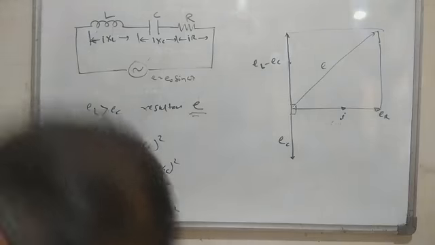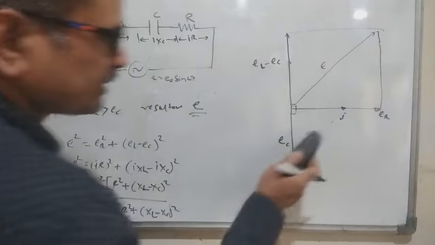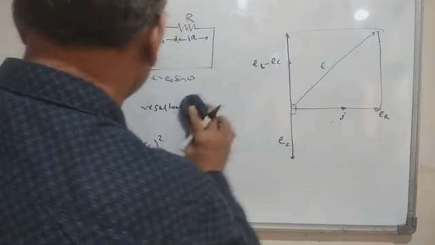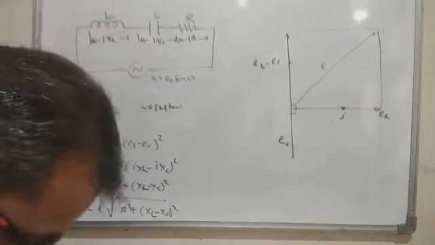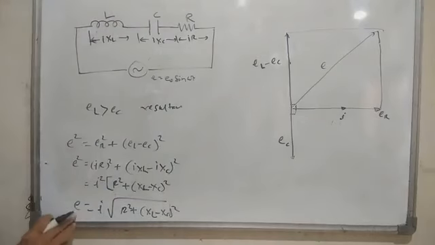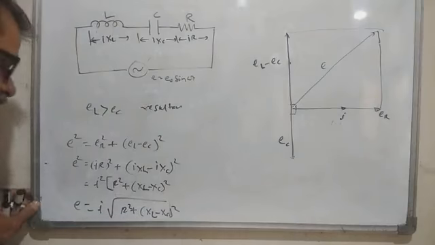So finally we have got the equation that E equals I in bracket, root of R square plus XL minus XC whole square.